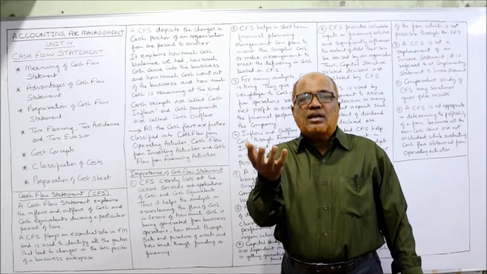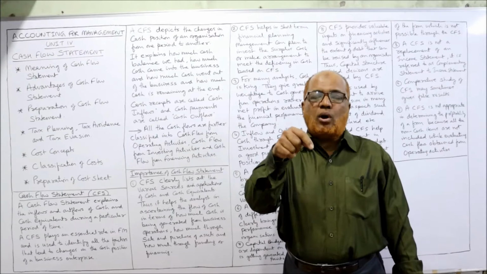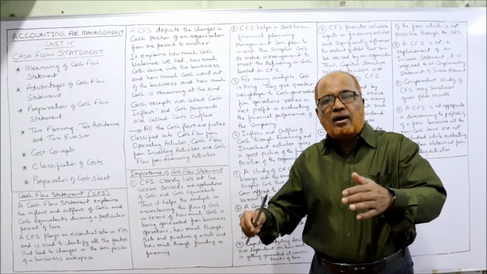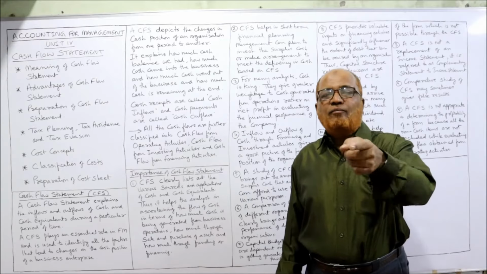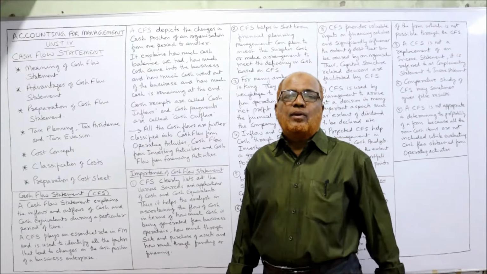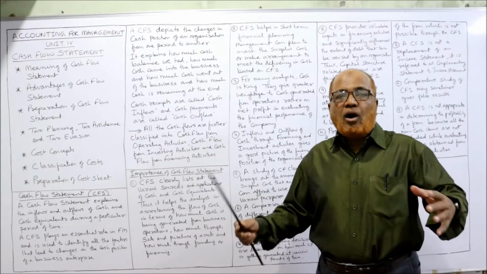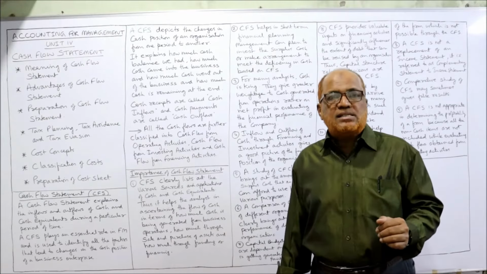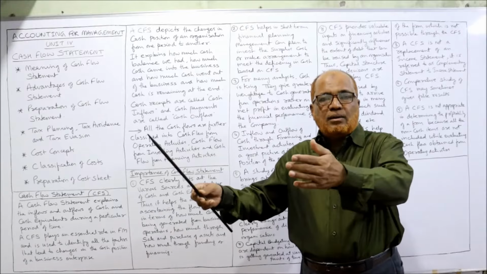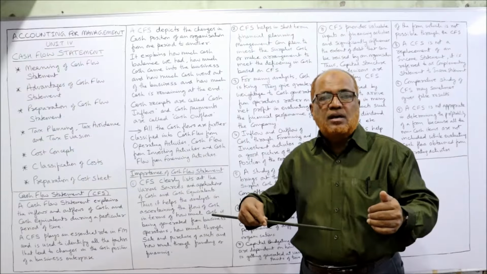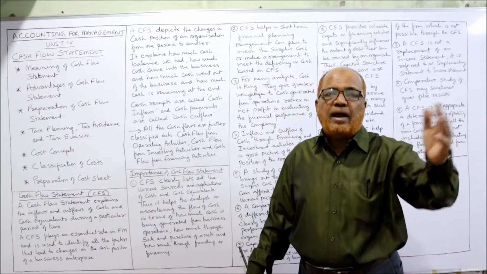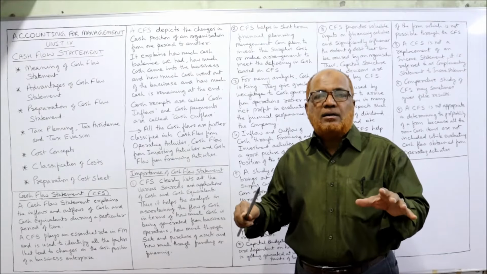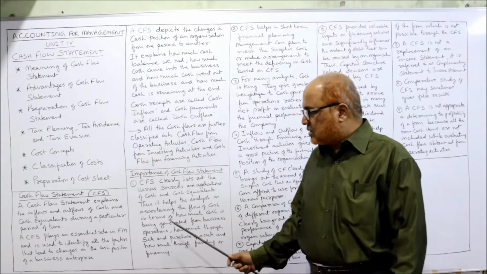So how much cash is generated from these operating activities? And how much is the cash inflow and outflow on account of purchasing or selling of fixed assets? And how much cash inflow and outflow on account of financing? That means from where the business has procured the funds and where the business has repaid the funds. So all these things will be depicted by the cash flow statement.